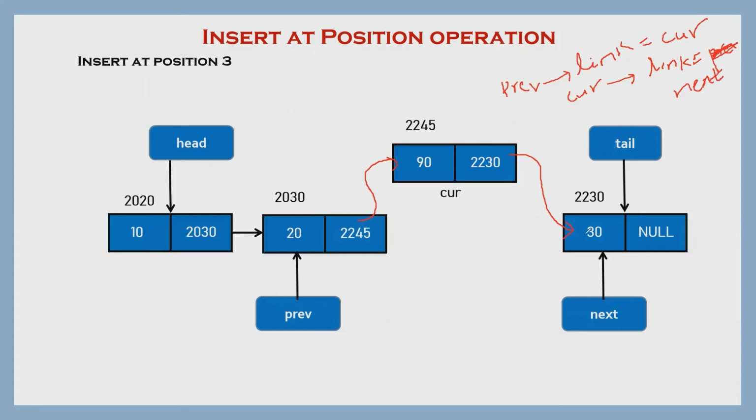Current link is assigned to the next node. So these are the links we need to provide while inserting a new node at a given position.